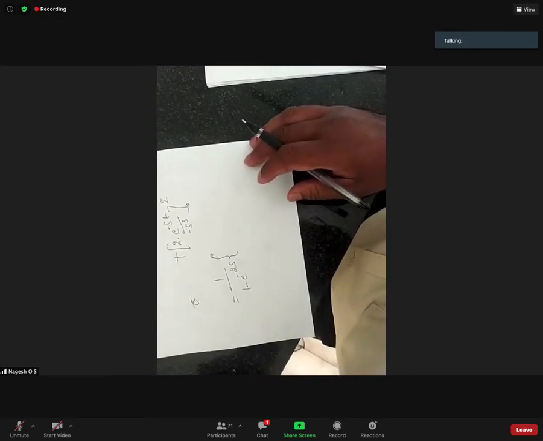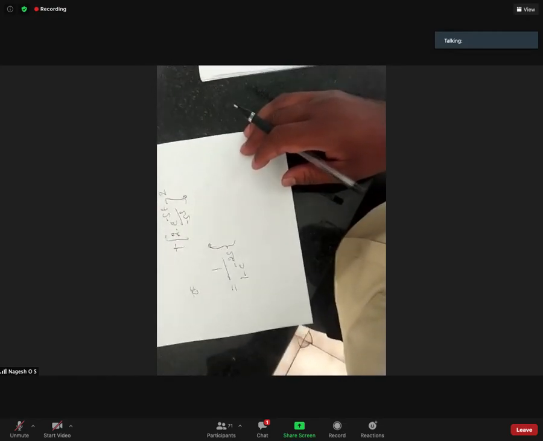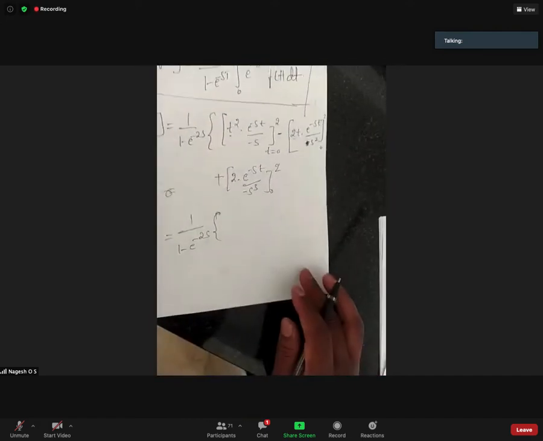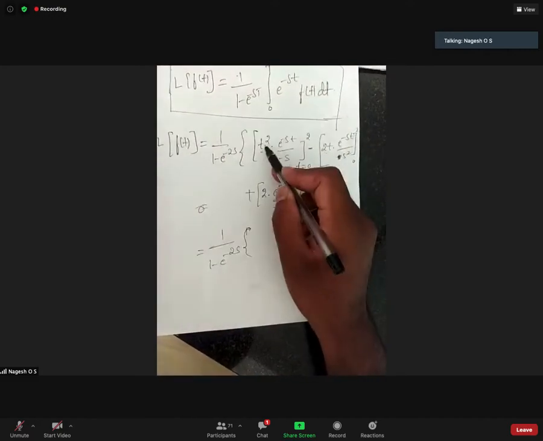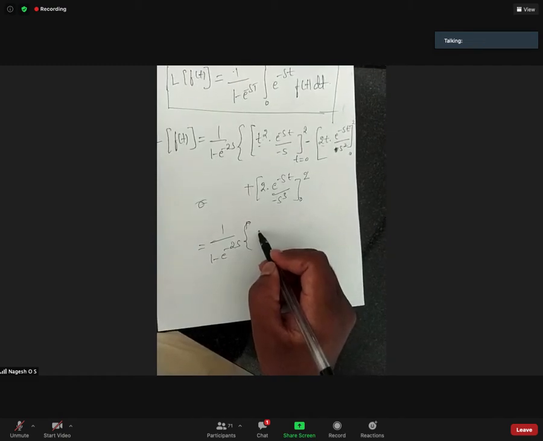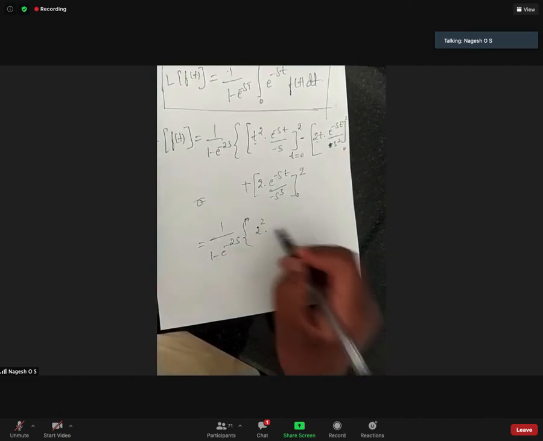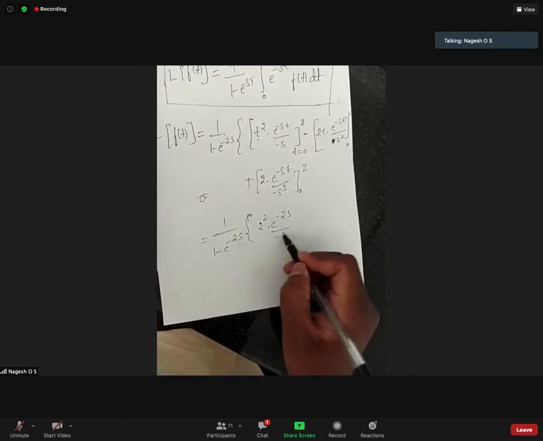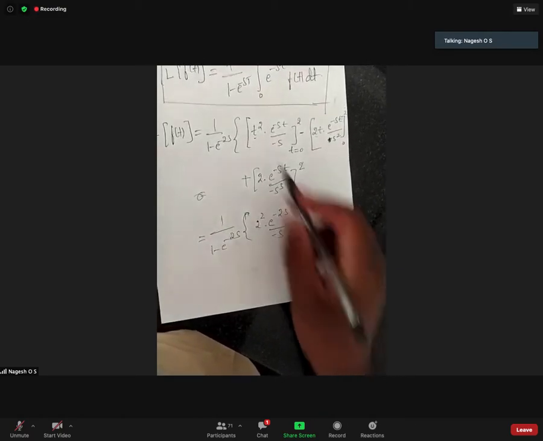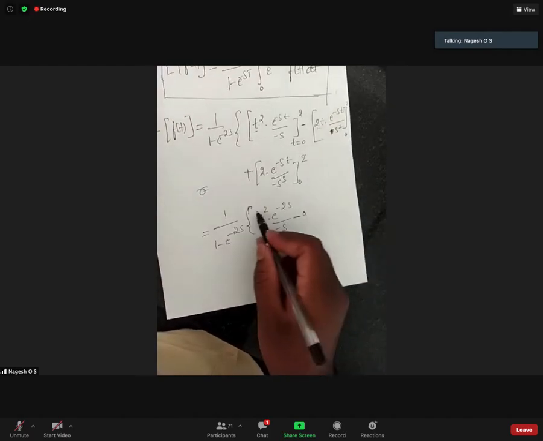Now apply the limit. It is showing like this. Apply the limit. For the upper limit, this is 2 square e power minus 2s divided by minus s, minus the lower limit 0, which will become 0.